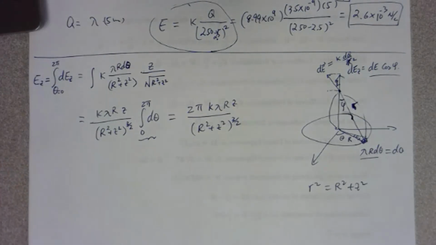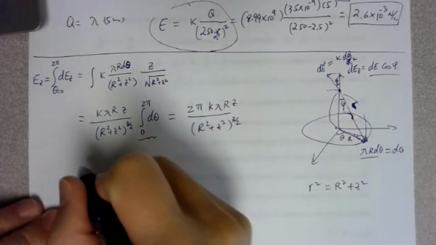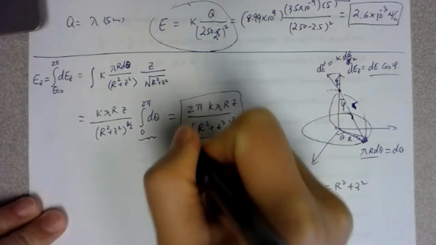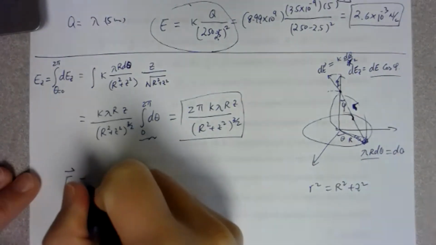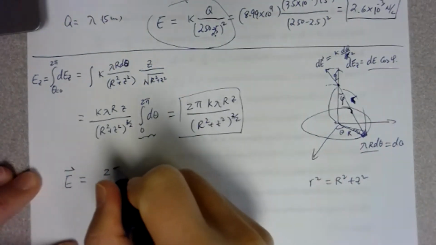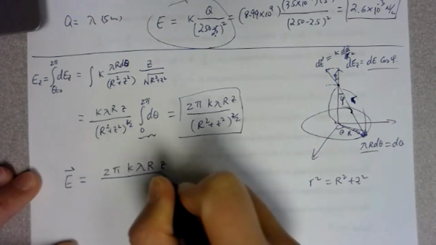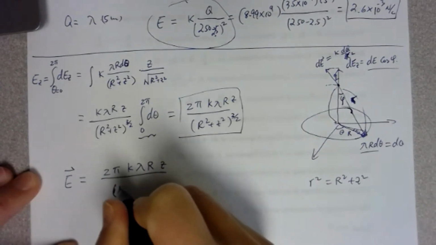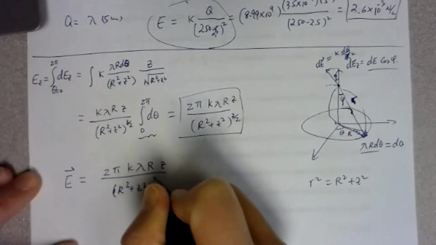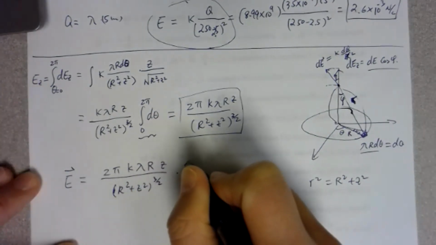So that's your total electric field, and then only in z direction. So your E is going to be just this guy, 2 pi k lambda r times z over r squared plus z squared to the 3/2 in the z direction.